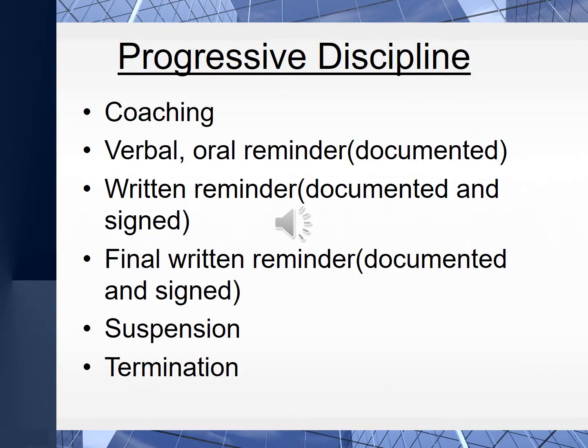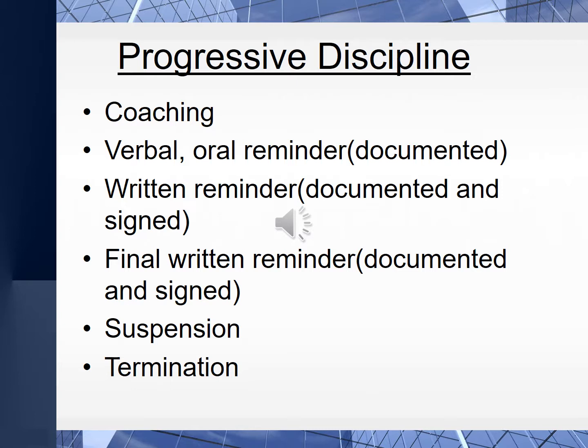When an employee does not comply with company policies and procedures, organizations will engage in progressive discipline to correct the employee's behavior. Progressive discipline generally includes a series of increasingly severe penalties for repeated offenses, typically beginning with counseling or coaching. This is a formal conversation between the employer and the employee.